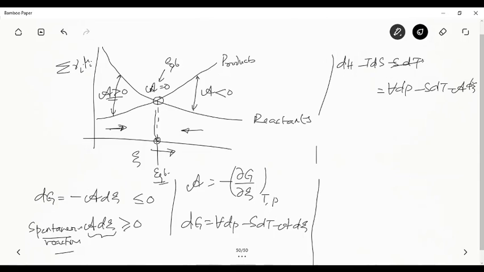Okay, so the S dT cancels on both sides, and the T dS can be brought to this side. So dH becomes equal to T dS plus V dP minus A d xi.